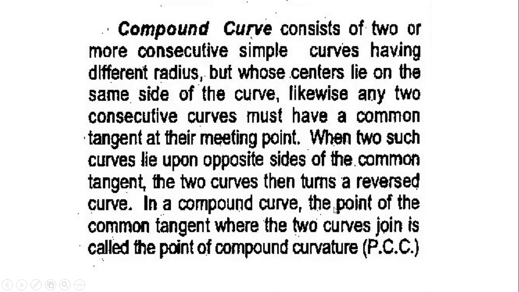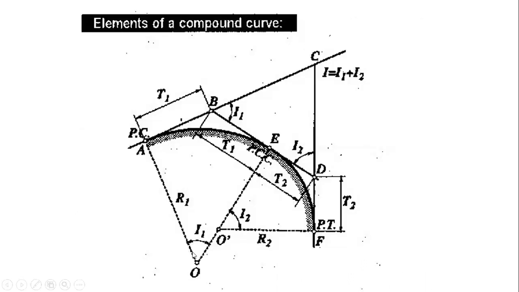So in a compound curve, the point of the common tangent where the two curves join is called the point of compound curvature, or PCC. So for this case, we have two simple curves, no? So ito yung first curve natin, okay, PC to PCC, then the second curve is PCC to PT. So yung line segment connecting this point B to D is the common tangent, okay?